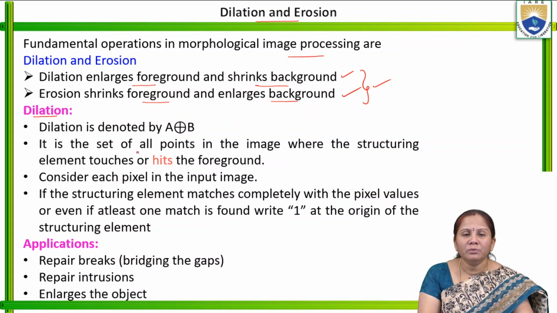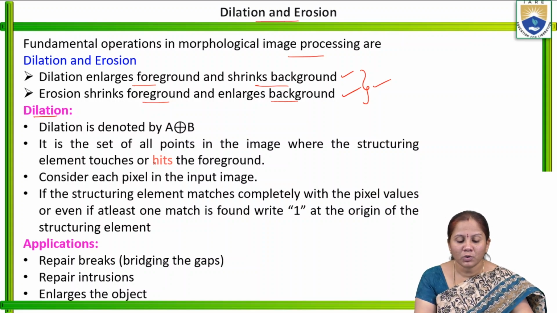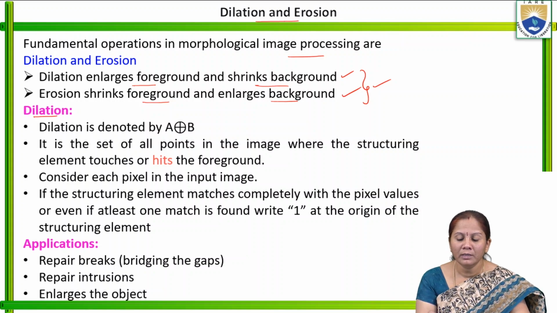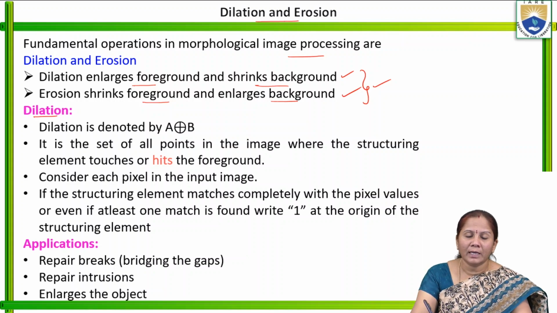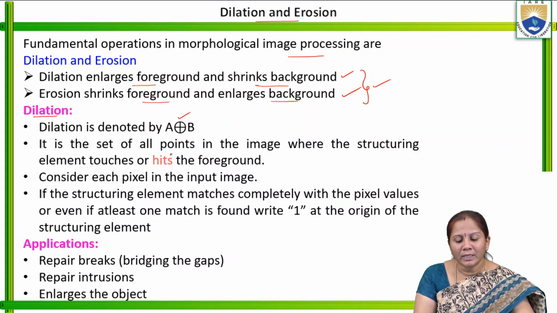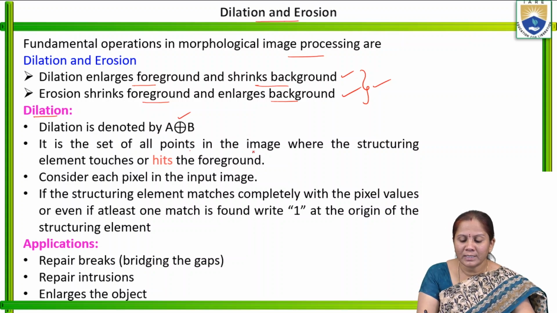Now coming to dilation. Dilation enlarges the foreground and shrinks the background. It is indicated with this symbol, A dilation B. It is the set of all points in the image where the structuring element touches or hits the foreground.